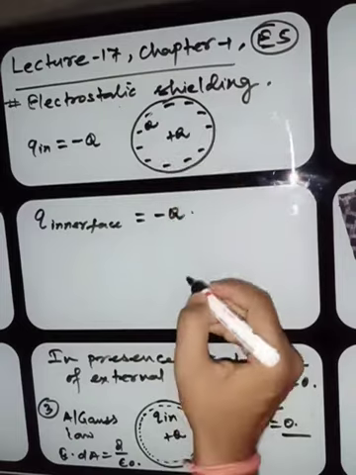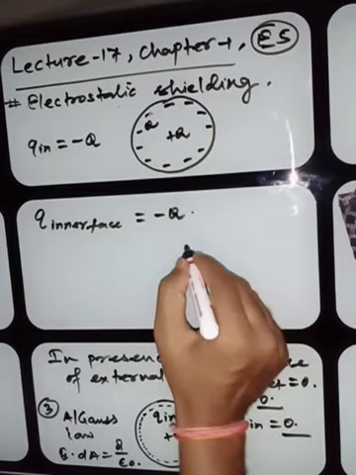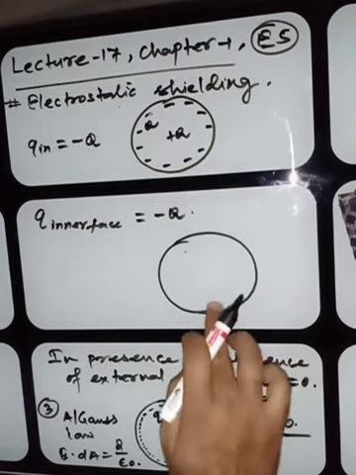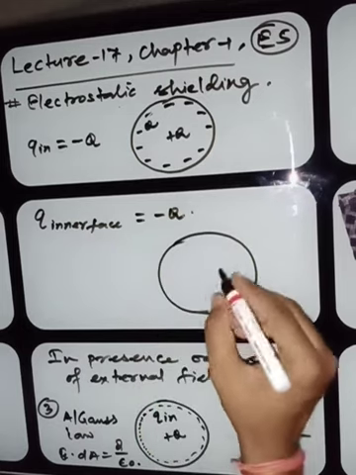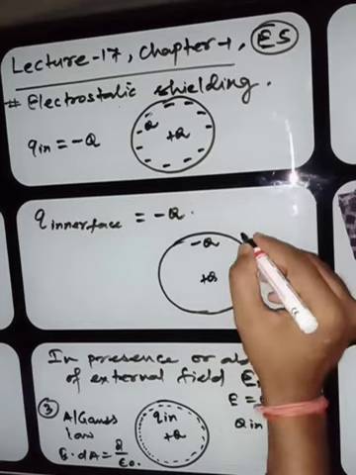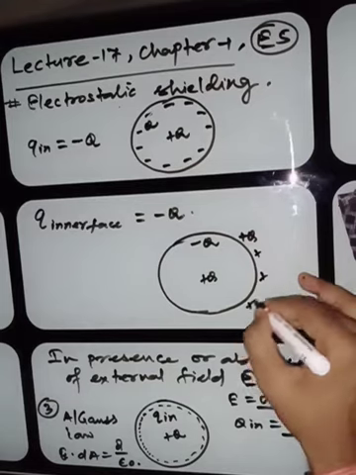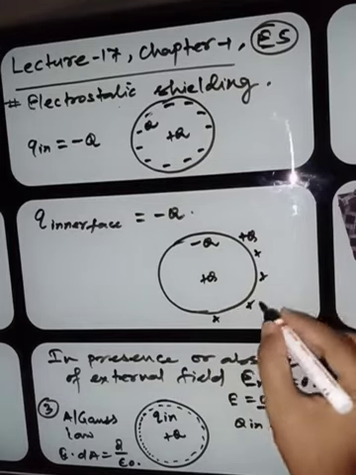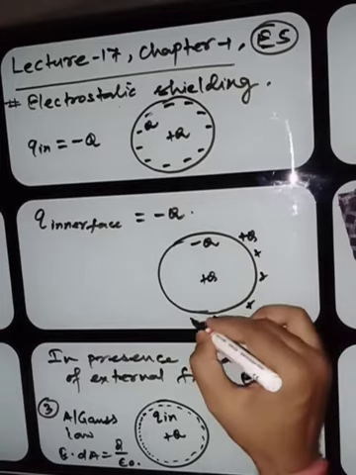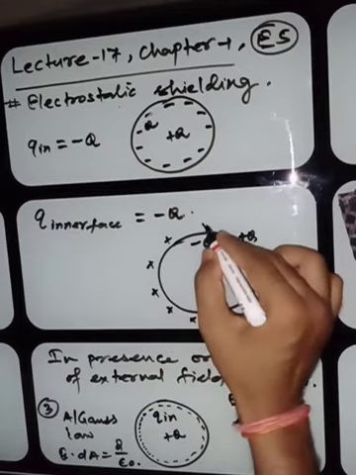That positive charge of the same amount, induced inside the conductor, is shifted to the outer surface. Remember, here plus Q, here minus Q, and plus Q resides on the outer surface. This total charge equal to Q is uniformly distributed over the outer surface.